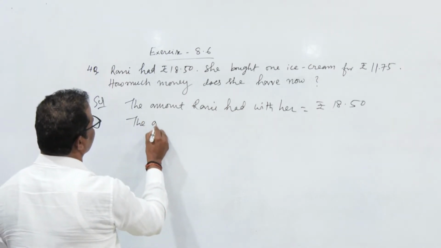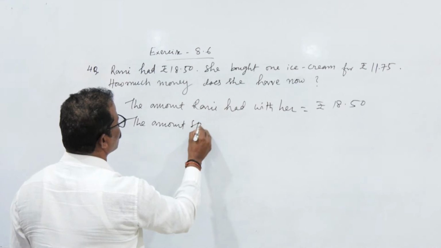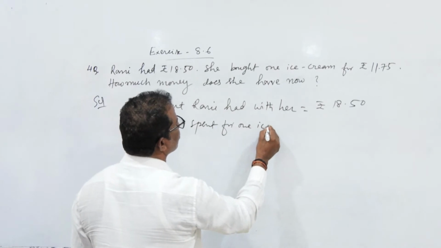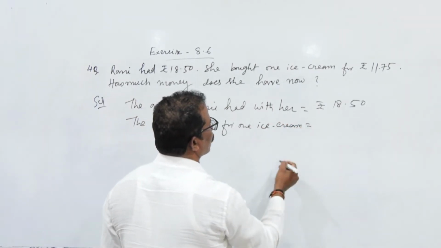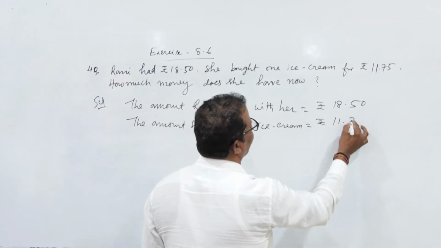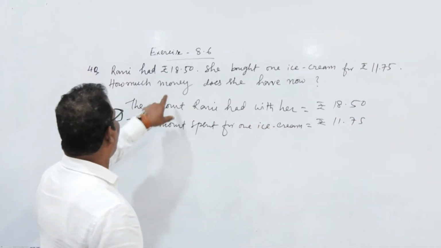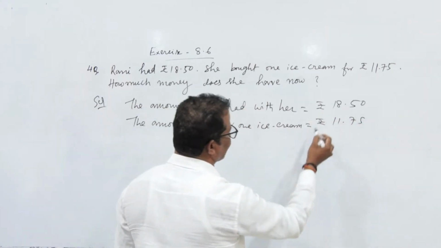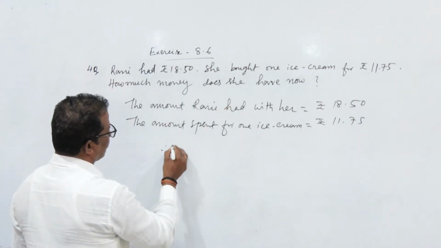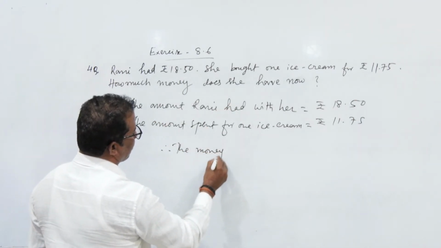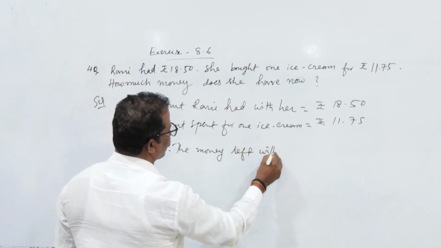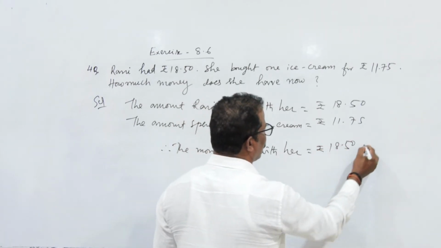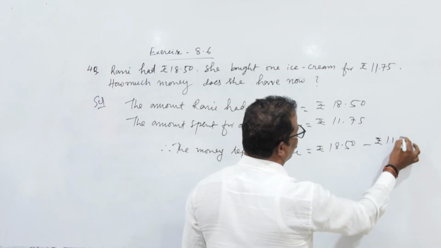So the amount spent for one ice cream is equal to rupees 11.75. So how much money does she have now? That means we have to subtract the cost of the ice cream from this amount. That means the money left with her is equal to, from this rupees 18.50 we have to subtract rupees 11.75.